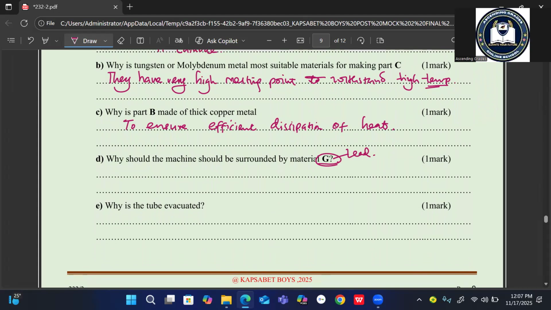It is to absorb the stray X-rays, which would otherwise affect the X-ray tube operator.